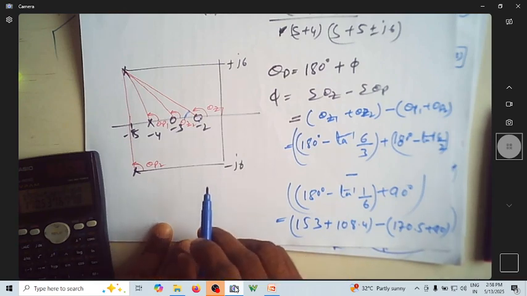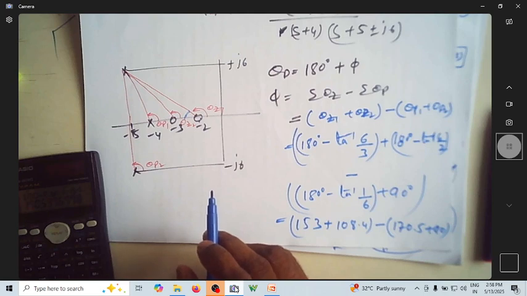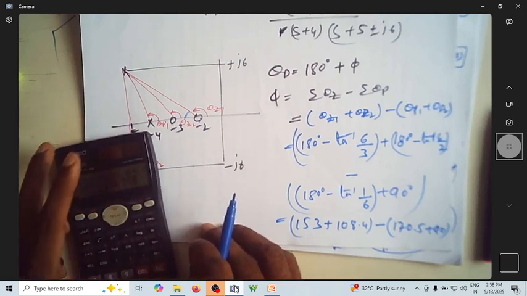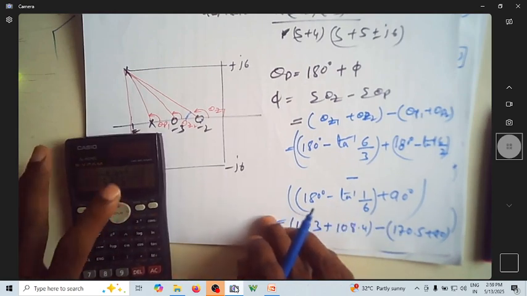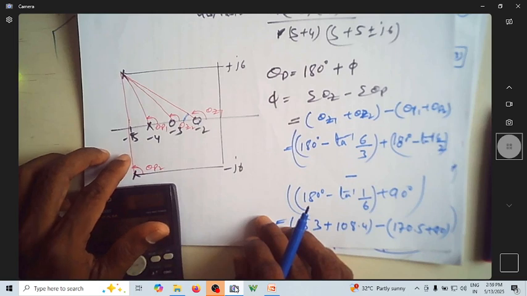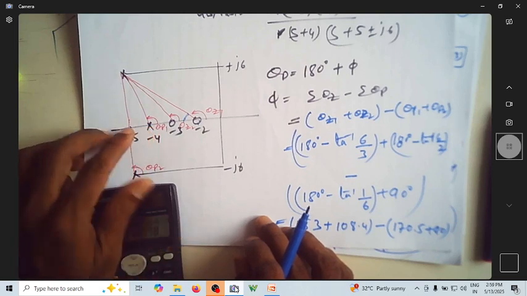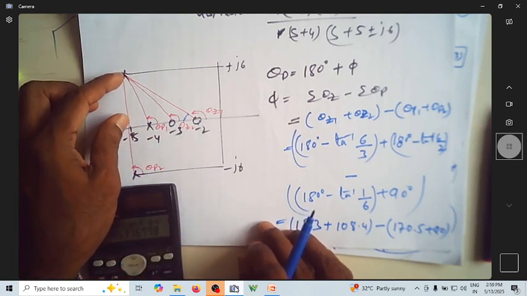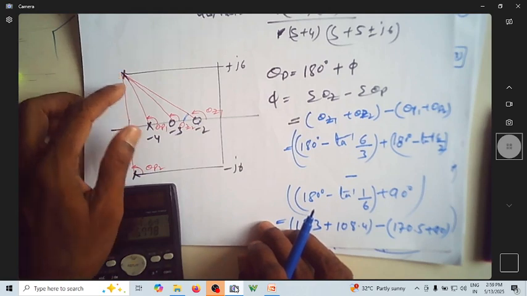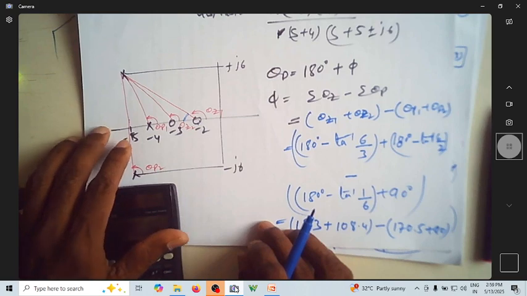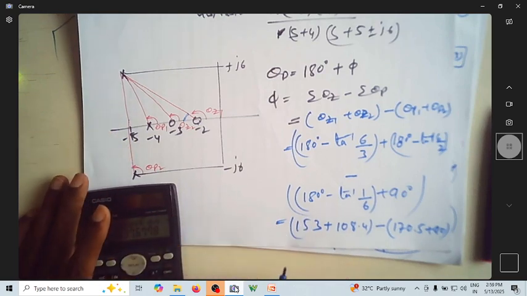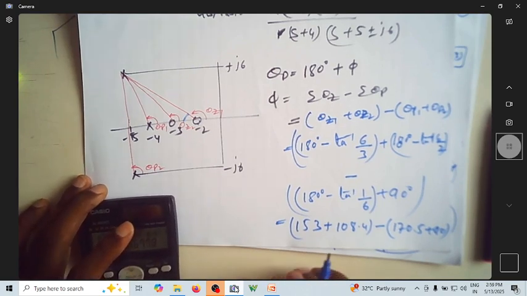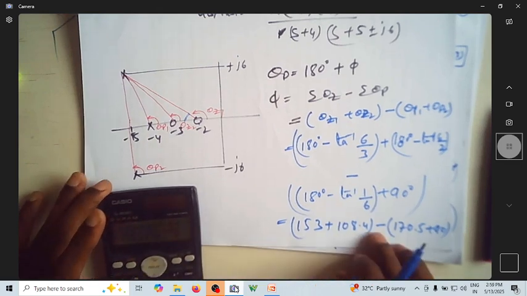So this is, the difference is 1, it is 6. So this angle is 180 minus, okay, let me just find out this.